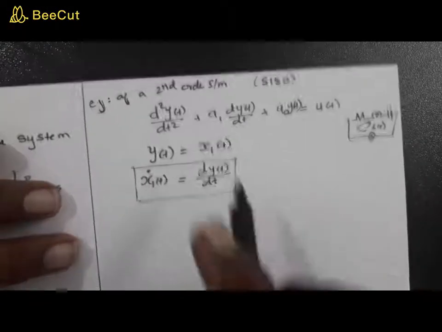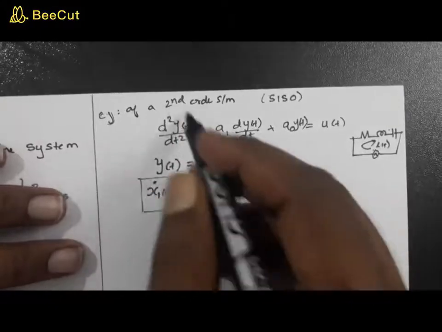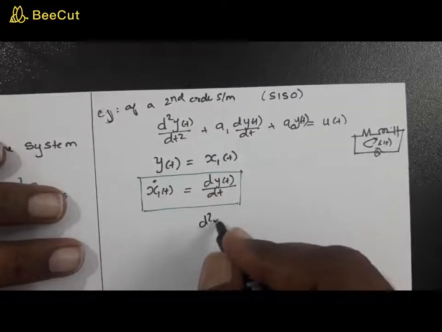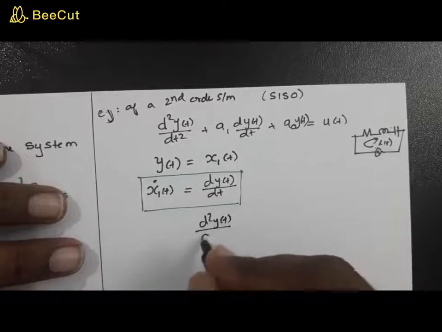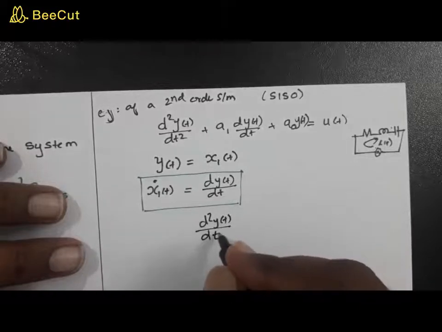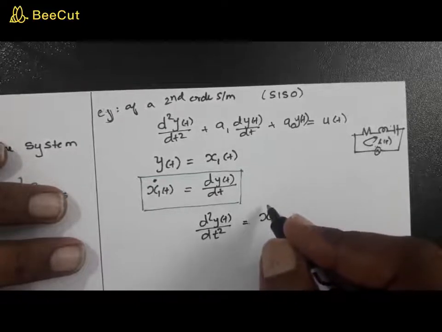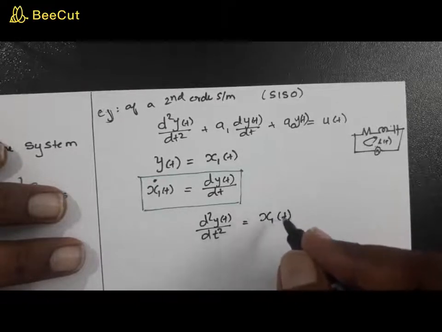Now coming to this side, you have a double derivative. What is d square y of t by dt square? It is nothing but x1 double dot of t.